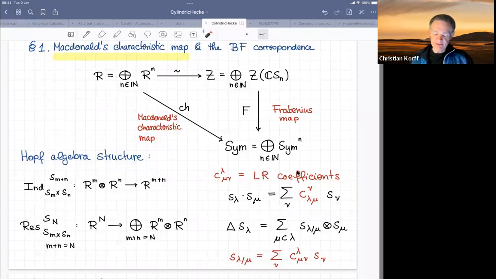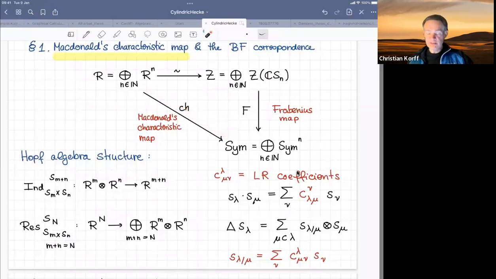So here, just think of defining the product and coproduct such that the vector space isomorphism which we had before becomes a Hopf algebra isomorphism.